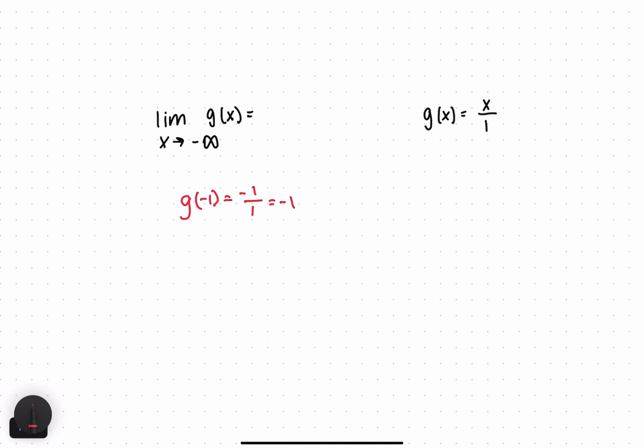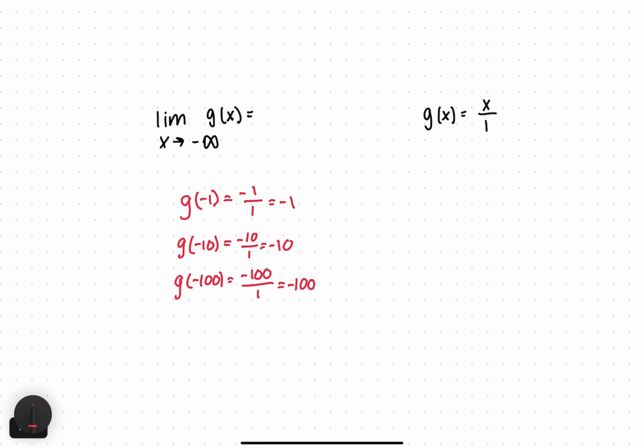Now if we plug in negative 10, g of x will equal negative 10 over 1, equal to negative 10. And now if we plug in negative 100, g of x will equal negative 100 over 1, which is equal to negative 100.